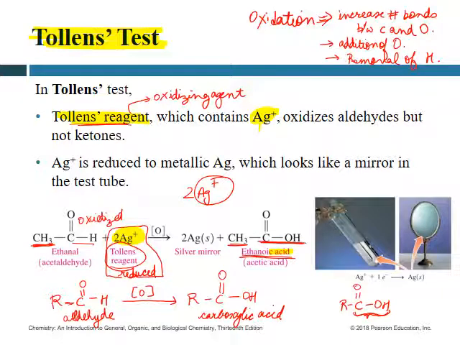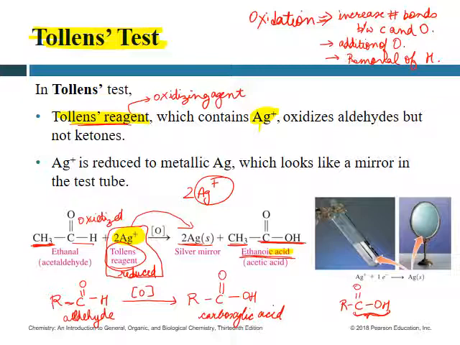So for instance, here this was CH3 attached to aldehyde group, here also it is CH3 attached to carboxylic acid group. Okay, and what happens to silver? Silver here was Ag+, silver has been reduced to silver metal. So silver metal is solid, silver ion is of course going to be in aqueous solution.